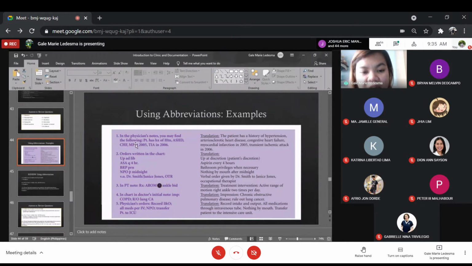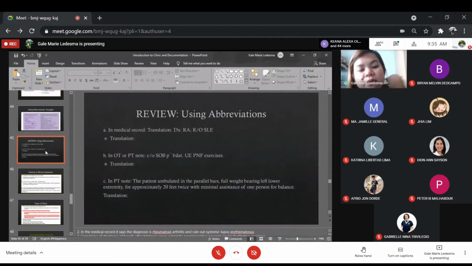So, usually ang makita sa notes, or sa medical records, and this is how it is translated. Okay? So, you will see the different abbreviations in the book. May mga list dito, complete list yun of the abbreviations.